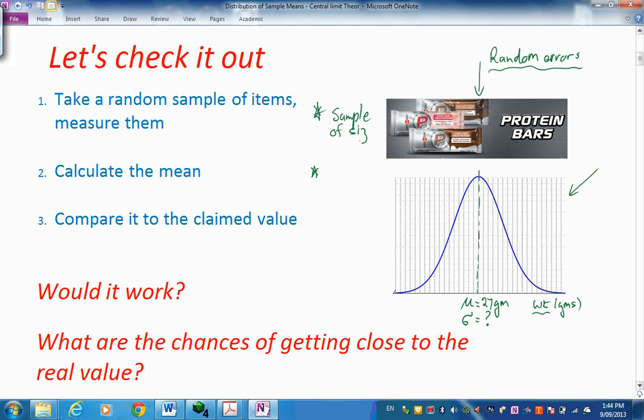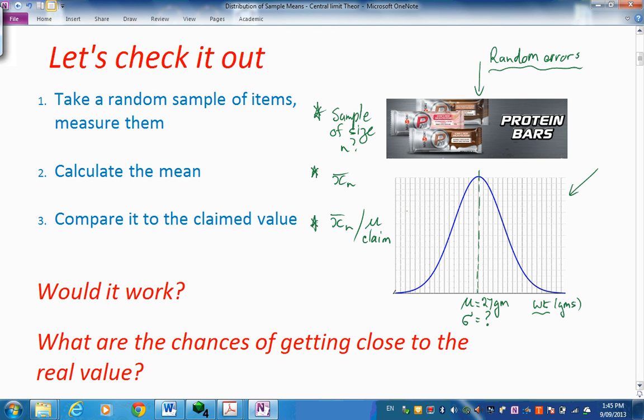Okay, we're going to take n bars, and we're going to find the mean, x bar n. That's a statistic, isn't it? That's a calculation based on our sample. And then we're going to compare x bar n to the mu claim. What they claim is, if you took their whole population of bars, this would be the mean.